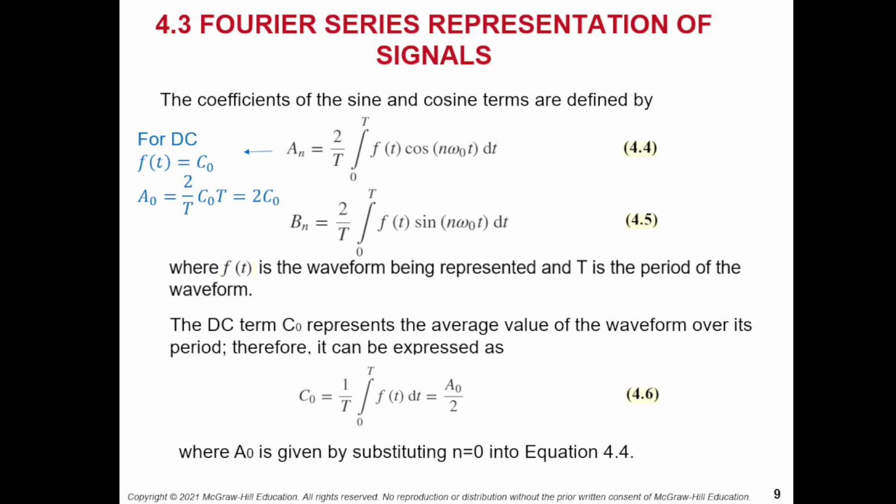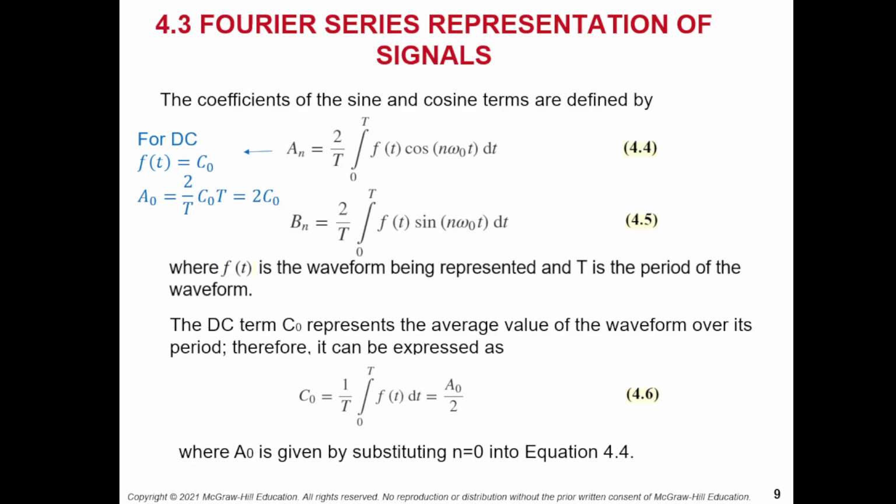For example, for the DC term, all the f(t) will become C, right? And DC means there's no natural frequency, so n is equal to 0. When n is equal to 0, cosine is equal to 1, right?